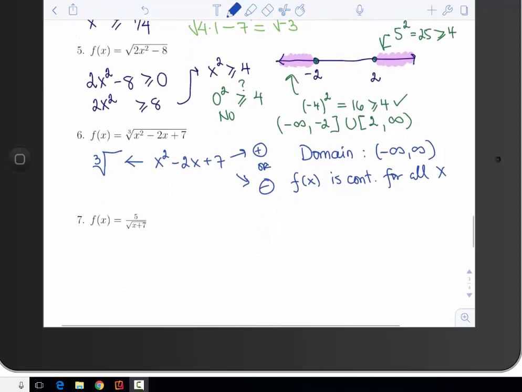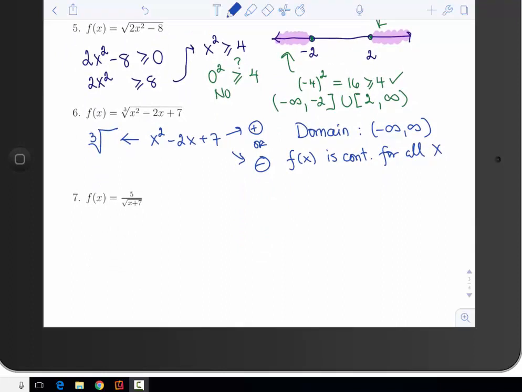All right, let's take a look at an expression that has a fraction and a radical. So here we have to be a little bit careful, because now we're going to set our x plus 7 strictly greater than 0. It can no longer be equal to 0, because then we will have division by 0, which is undefined.